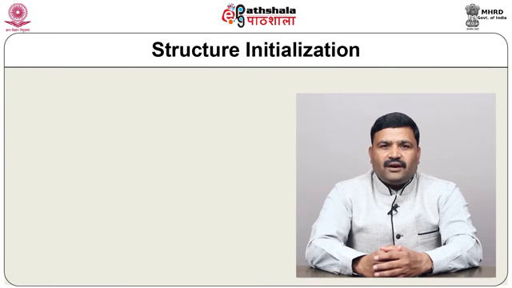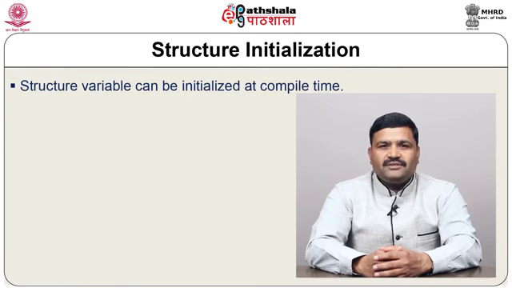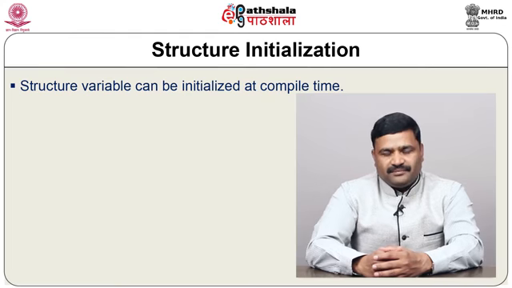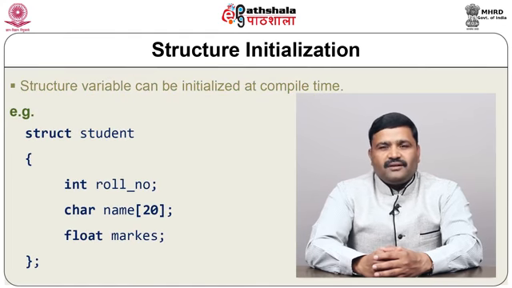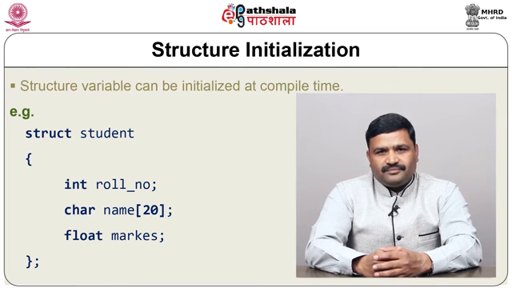Let us see how structures are initialized. Structure variables can be initialized at compilation time. Let us see an example. Here you can see a simple example of a student structure.